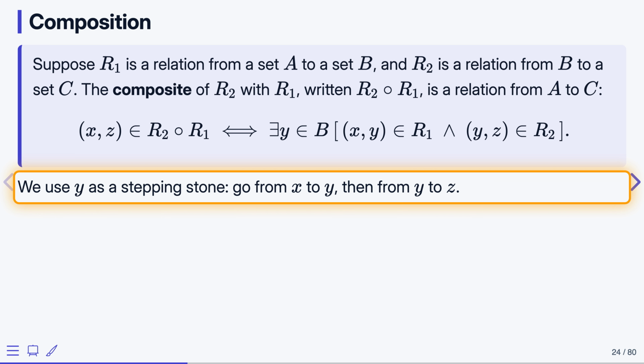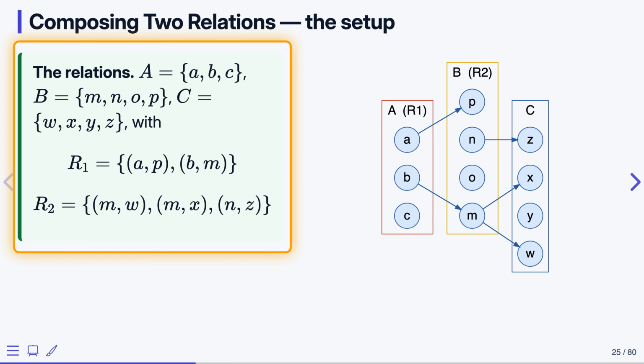So we use y as a stepping stone. We go from x to y, then from y to z. If no such stepping stone exists, the pair (x, z) is not in the composite. Let's set up a composition we can see. The set A holds a, b, and c. The set B holds m, n, o, and p.